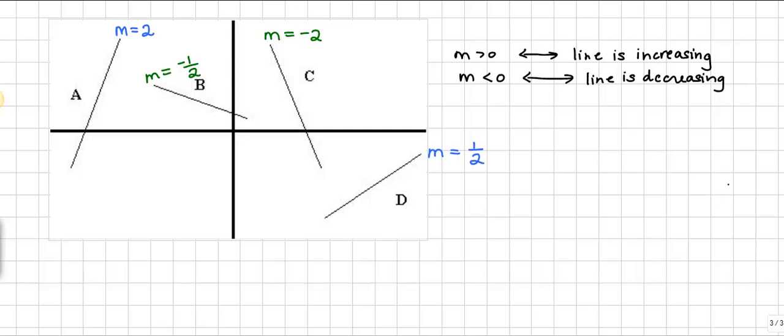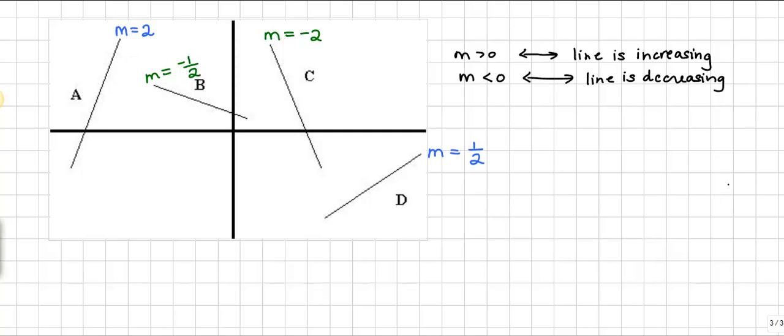And here's just another visual tool. 4 lines are given and labeled A, B, C, and D. Now we know that if the slope is positive, the line is increasing. If slope's negative, the line is decreasing. So I've assigned some values to these slopes based upon the rise over run ratios.